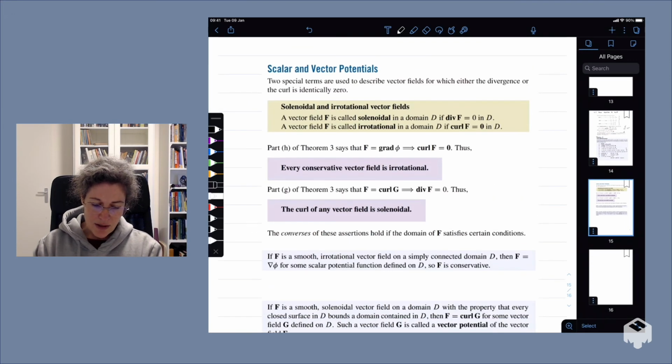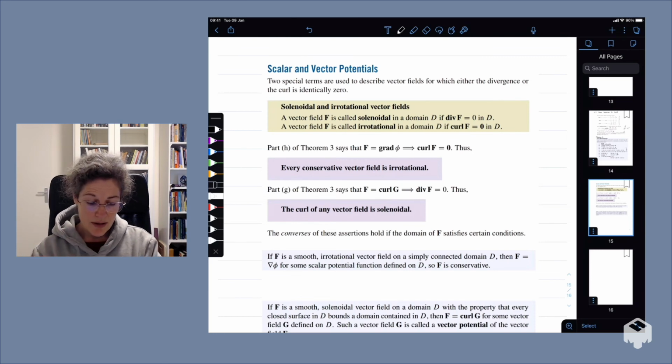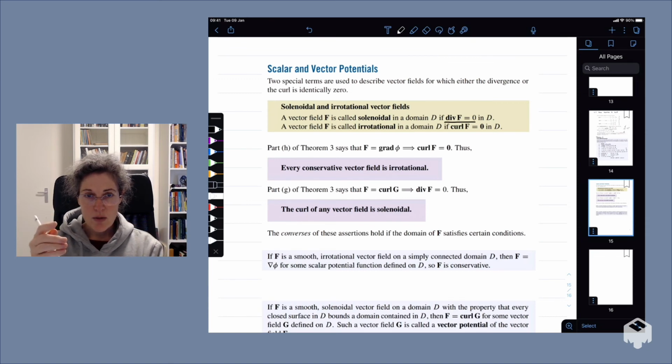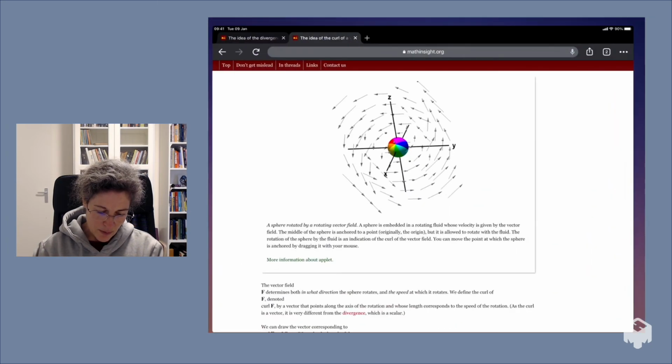And in fact, this is so important that we have some terms to talk about these. So two words that we're going to need. A vector field is called solenoidal in a domain if the divergence is equal to 0. So this is a situation kind of like the one that we saw for the curl over here.